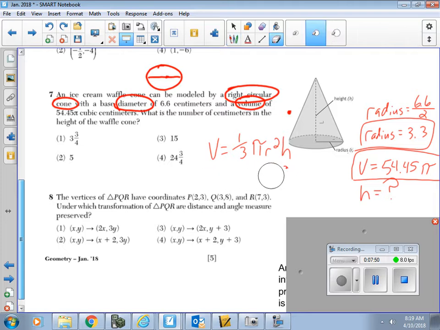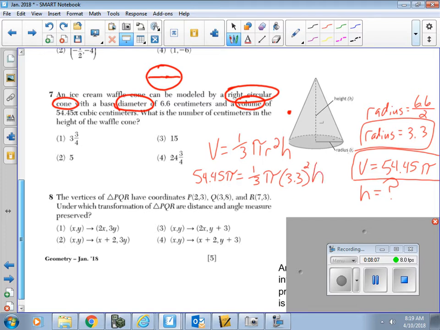All right? So what I'm going to do is I'm going to say 54.45 pi is equal to 1/3 pi times 3.3 squared times the h. All right, the nice thing about this is everything's being multiplied here on the right-hand side and on the left.